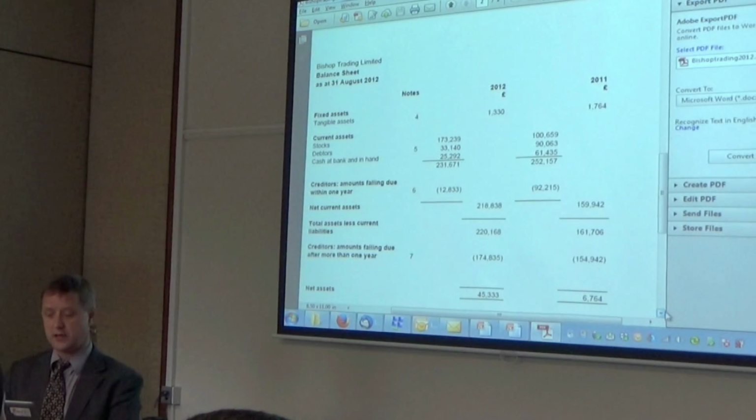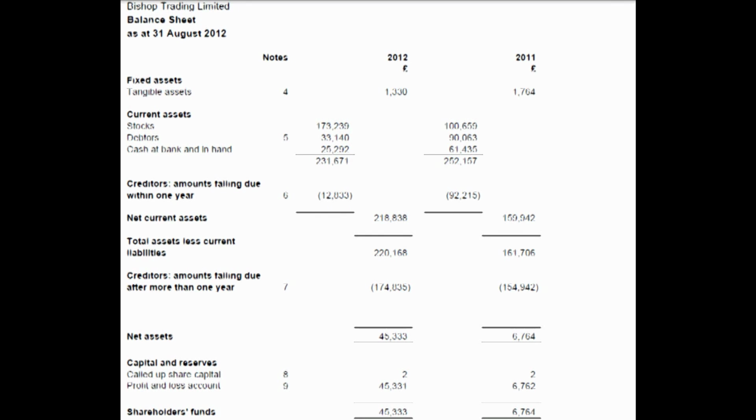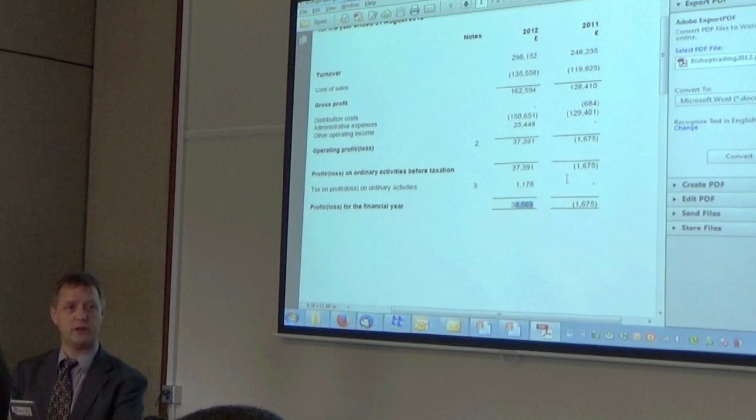This is a balance sheet, and this is a statement not of a flow of income, flow of expenditure. This is a statement of the value of a firm at the end of the year, at the end of the previous year and at the end of the year in question. And the key thing to realise is that the net assets here, which is the net value, the break-up value of your business, is the same as the net assets at the end of the previous year plus that profit.